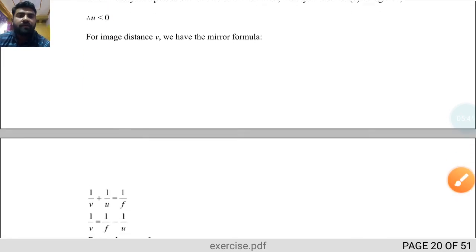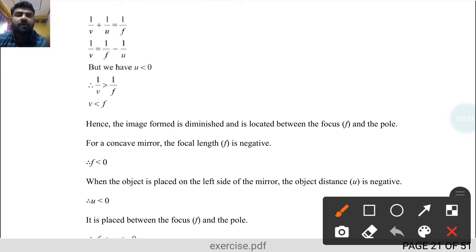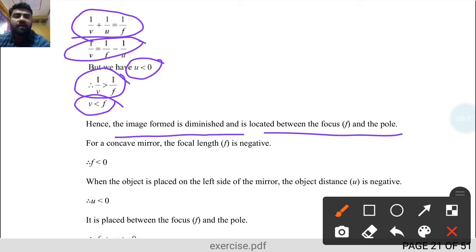We know the equation 1 upon v plus 1 upon u is equal to 1 upon f, so 1 upon v is equal to 1 upon f minus 1 upon u. Now u is less than 0, that means 1 upon v is greater than 1 upon f, so that means v is less than f. So that proves that the image formed is diminished and is located between the focus and the pole.